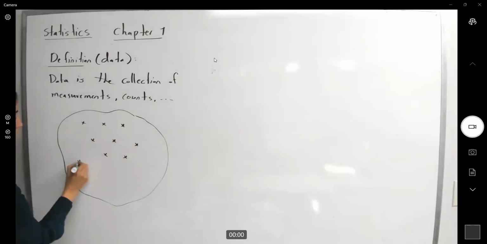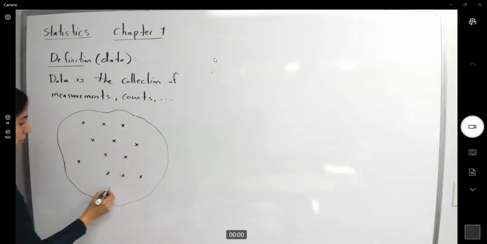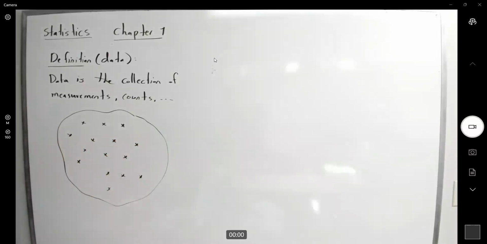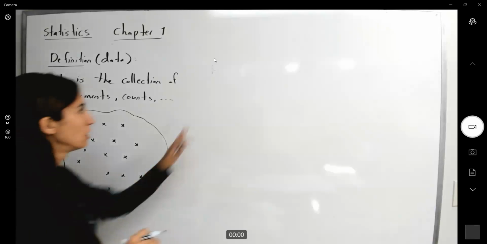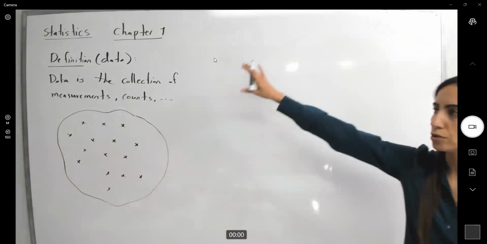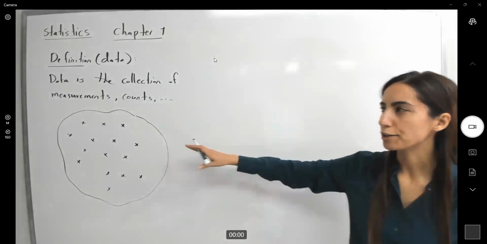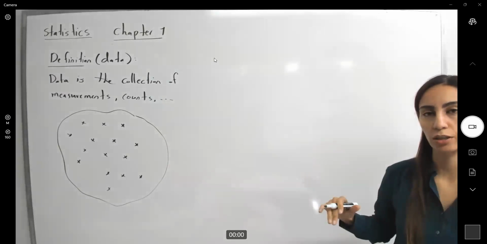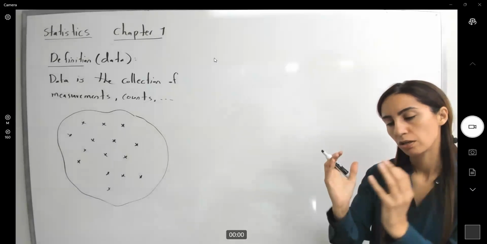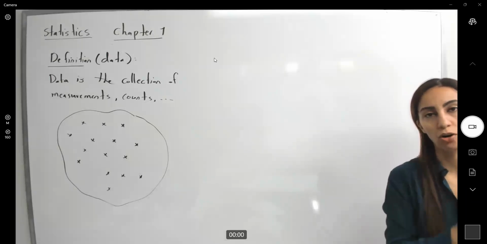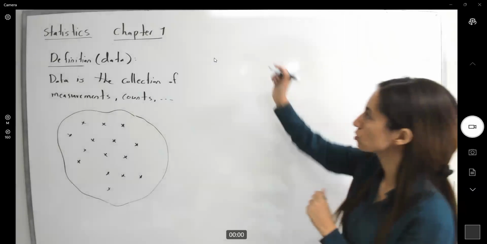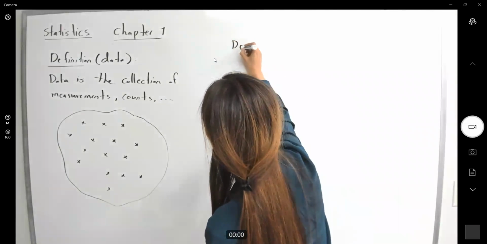Your data are already here. When it comes to data, we can talk about either the population or we can talk about a smaller sub-collection of populations. So, the definition of population.